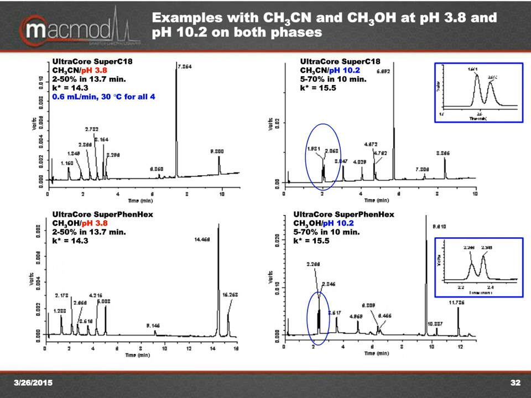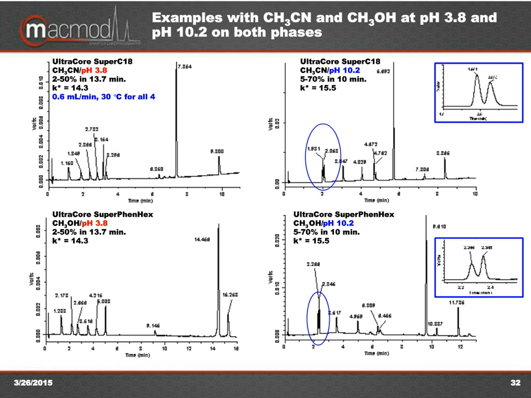I'm showing on this slide two different pHs: low pH at pH 3.8 with ammonium formate and higher pH at 10.2 with ammonium acetate adjusted with ammonium hydroxide. The traces on the left ran from 2 to 50% organic for both acetonitrile on the top and methanol on the bottom left.